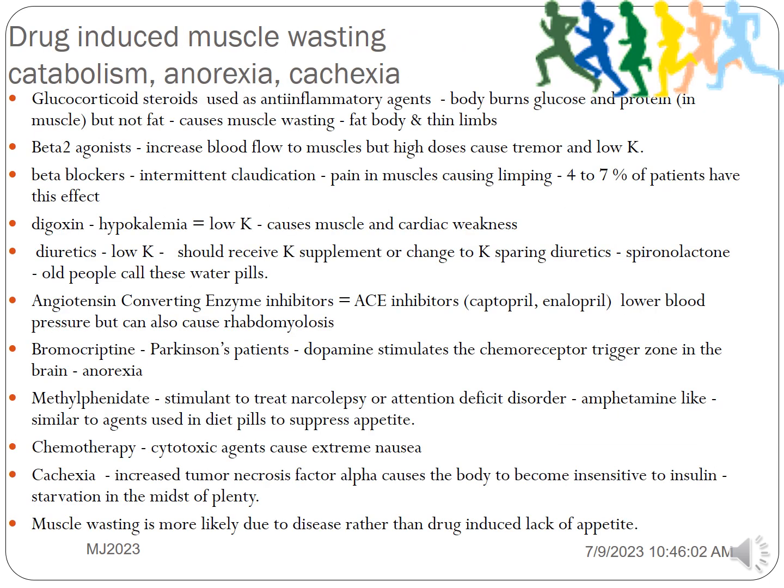Drugs that induce muscle wasting, catabolism, anorexia and cachexia. Examples are glucocorticoid steroids, beta-2 agonists, beta blockers, digoxin, diuretics, angiotensin, bromocriptine, methylphenidate, chemotherapy.